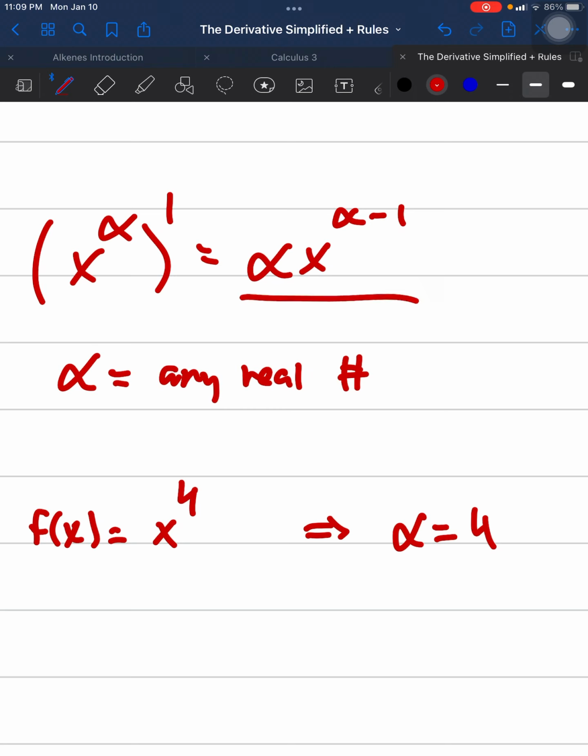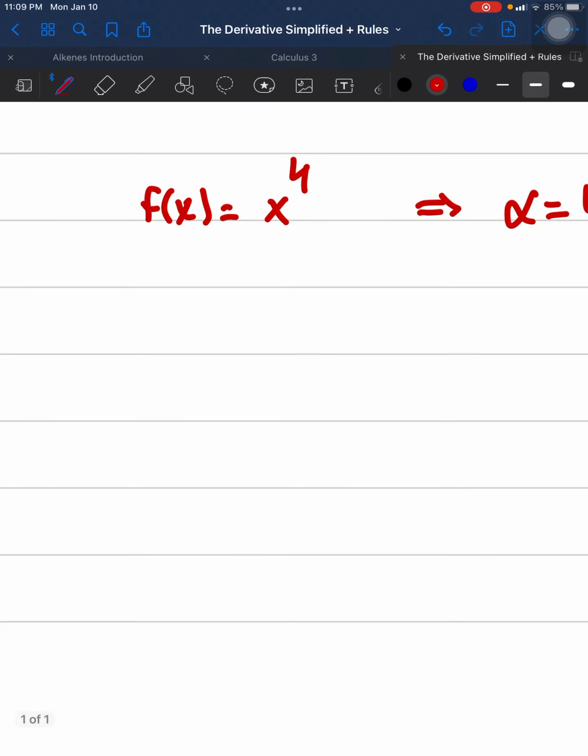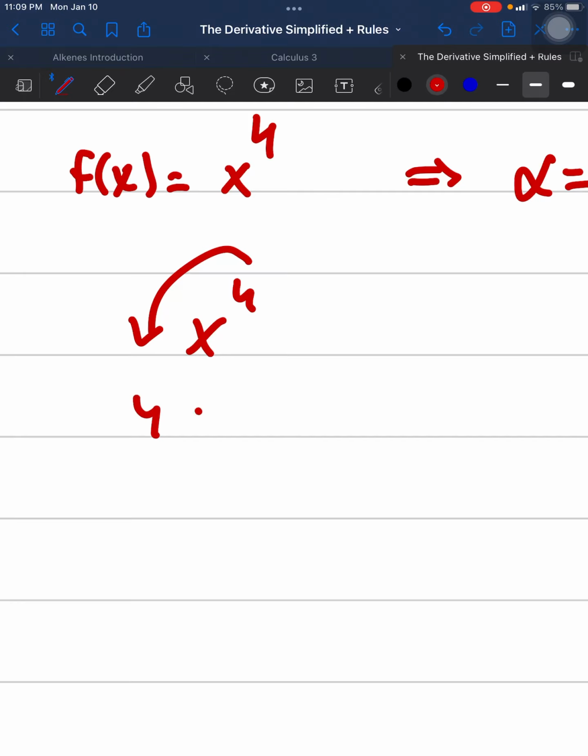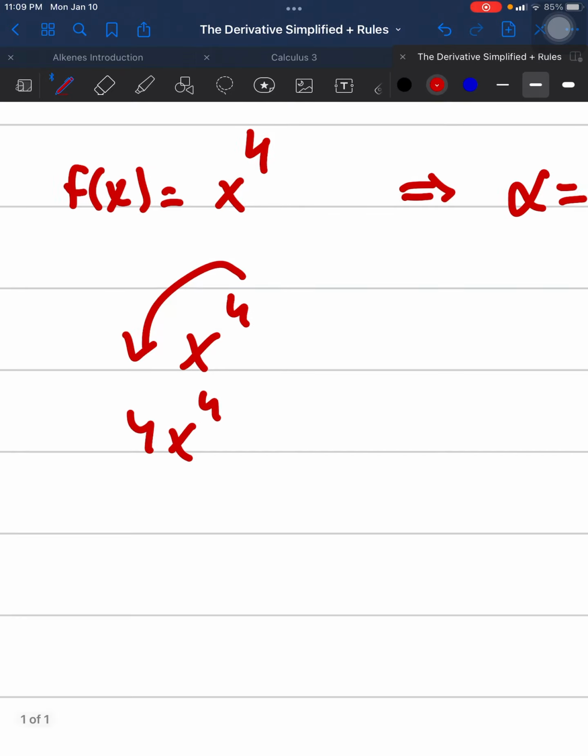So you see in this formula, the alpha is brought down as a coefficient of x, and then the original alpha in the power is subtracted by 1. So we're going to do the same thing here. For x to the 4th, we're going to bring down 4 over here, so we get 4 times x to the 4th.